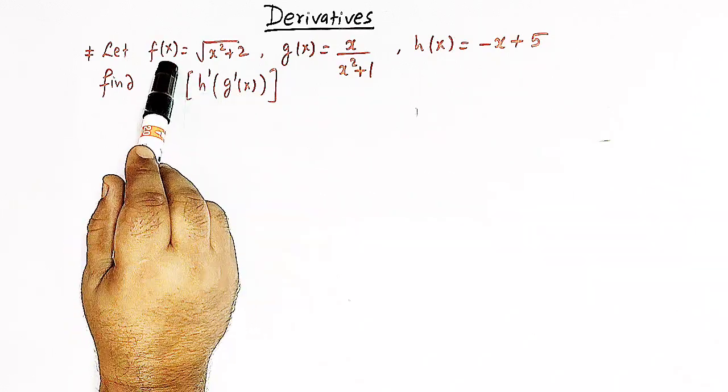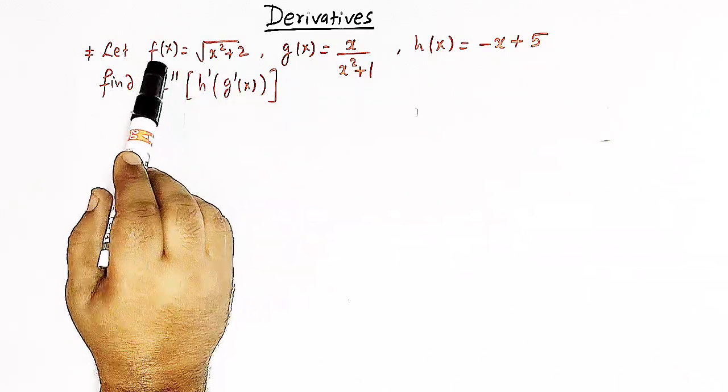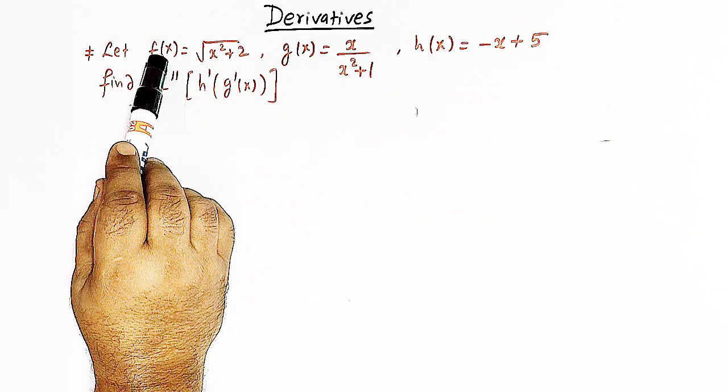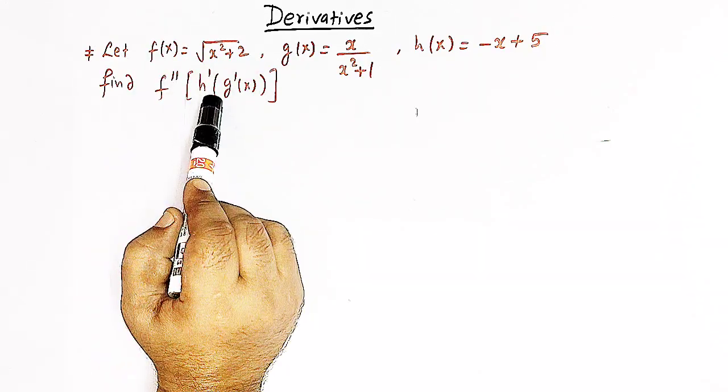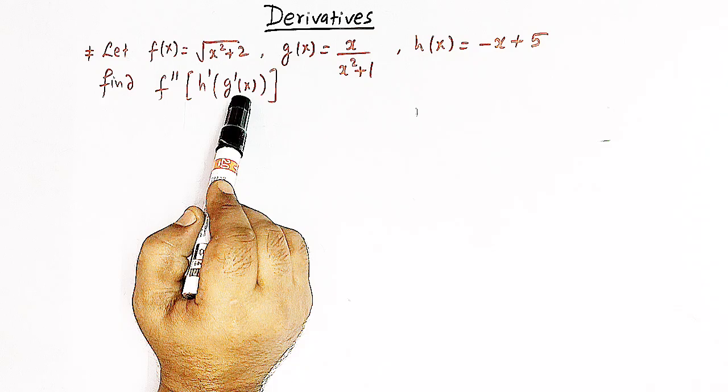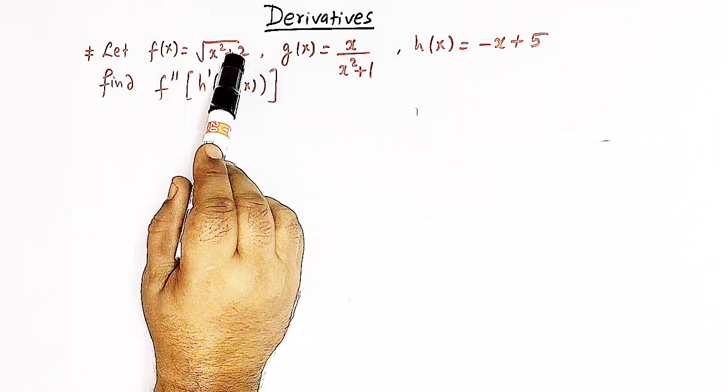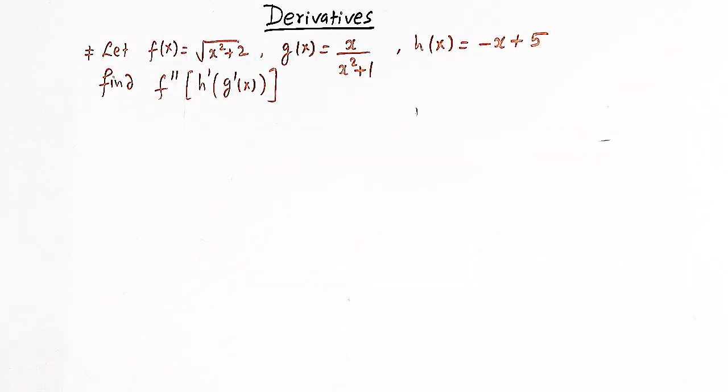So we have to find the second derivative of f of x when the input is h prime of g prime of x. So this problem also includes the concept of composition of functions. So let us see how we can solve this problem.